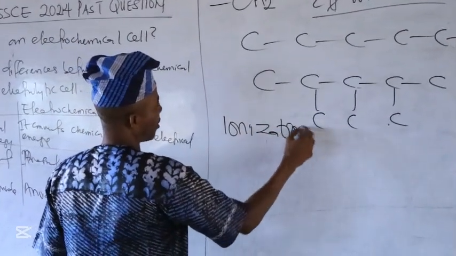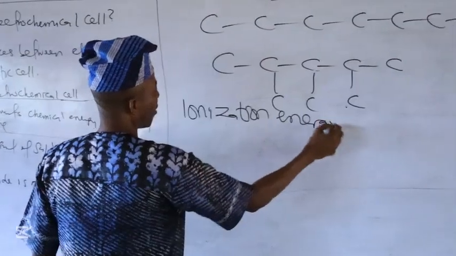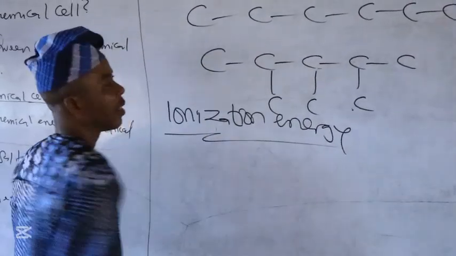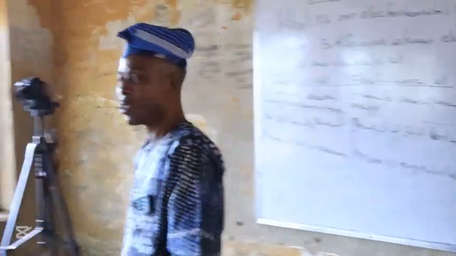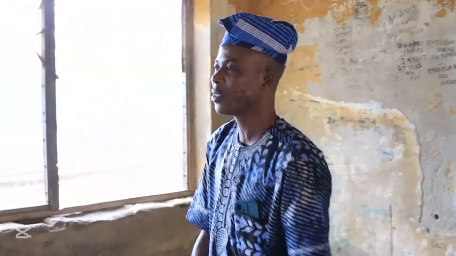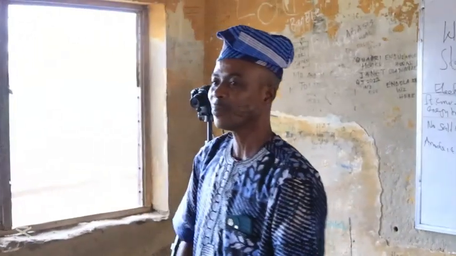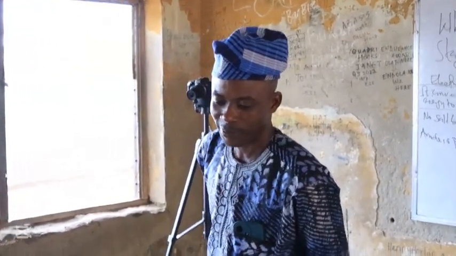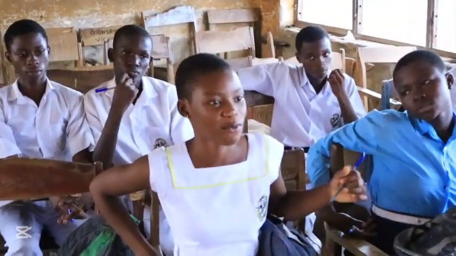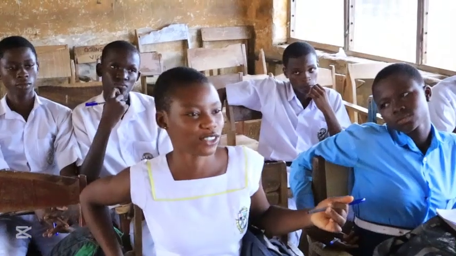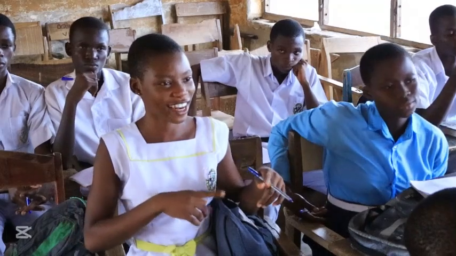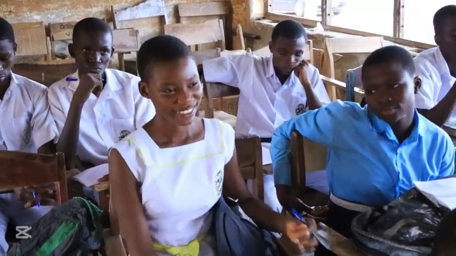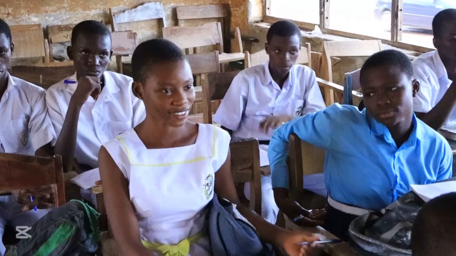Ionization energy. What is meant by ionization energy? Victoria. Ionization energy is the energy required to remove one electron from an atom.